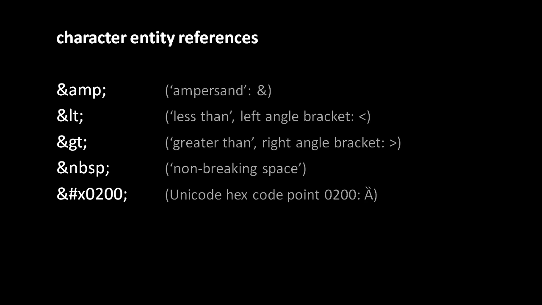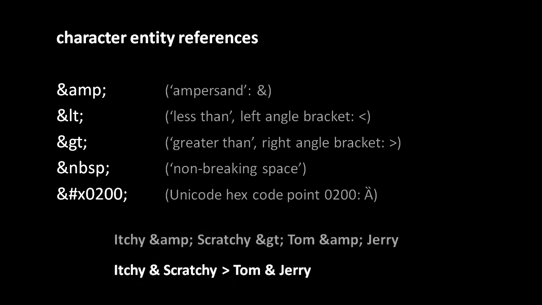And the way we write these character entity references is we simply start with an ampersand and end with a semicolon, and the text in between specifies which character entity reference this is. So for example, if in the content of a tag you wish to write "itchy & scratchy > Tom & Jerry", then you have to write "itchy &amp; scratchy &gt; Tom &amp; Jerry".